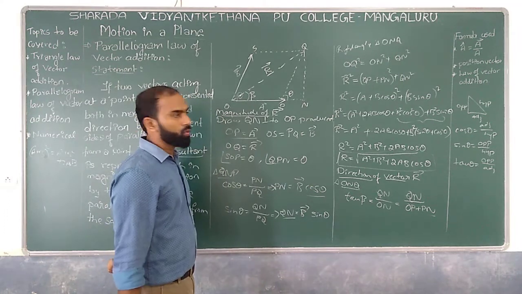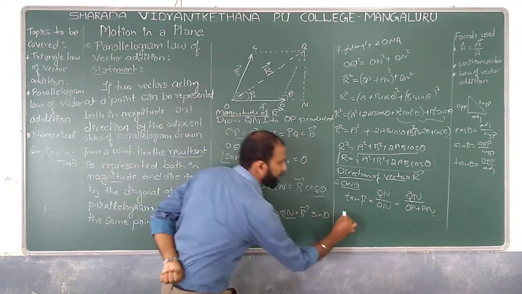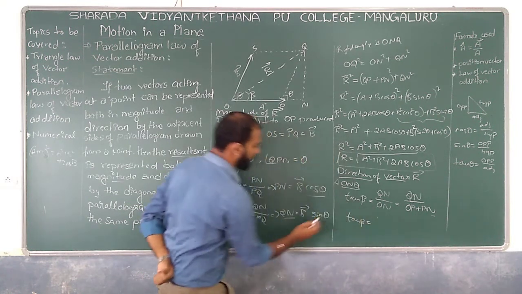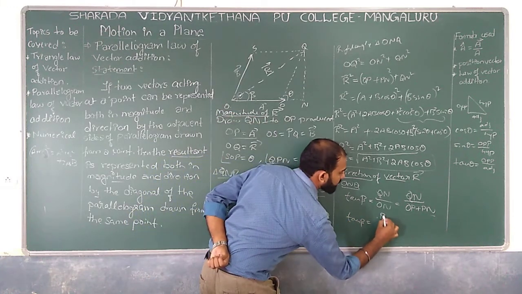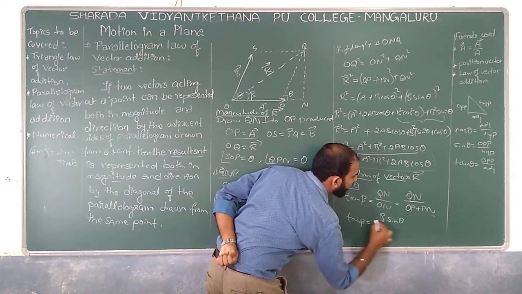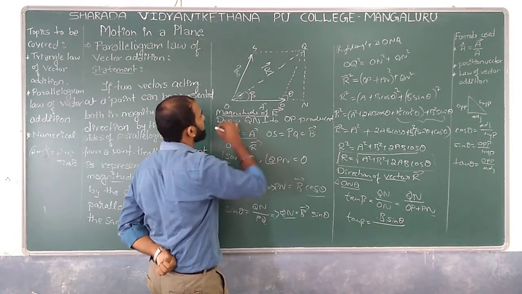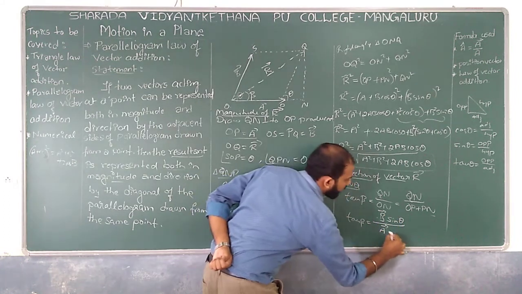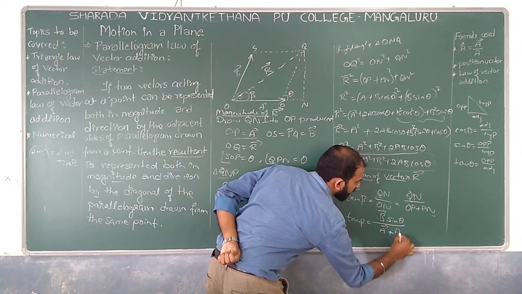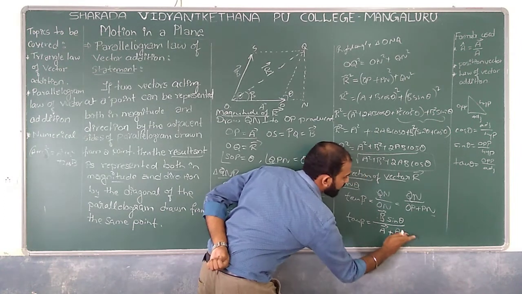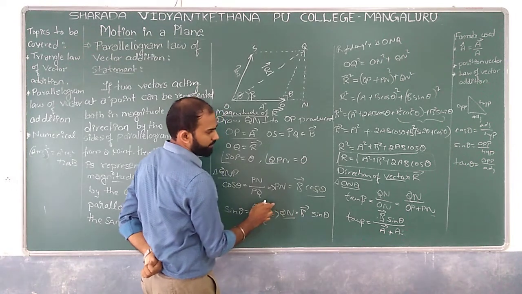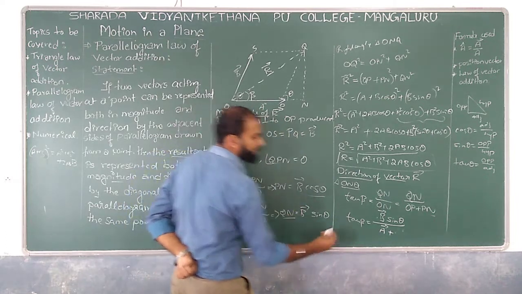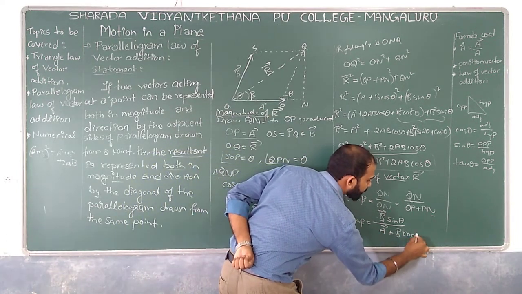Now, how to substitute over here? So tan beta is equal to QN, which is b sin theta, divided by OP, which is vector a, plus PN, which can be written as b cos theta.